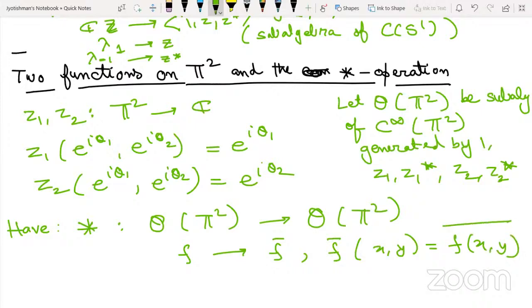F takes values in the complex plane, so all my functions are complex valued. So F xy whole bar makes sense. Now, given this, it is easy to check the following.